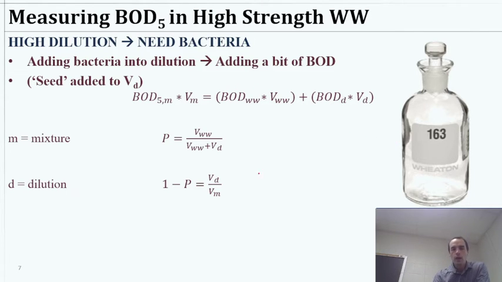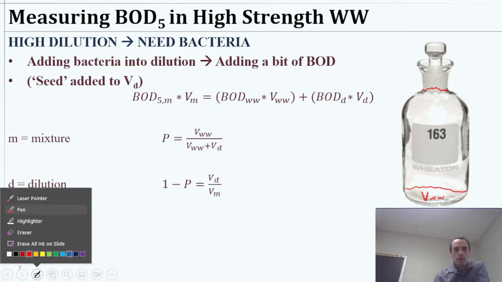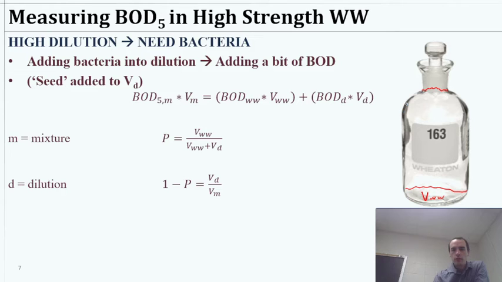So as an example here, what I'll say is, if we have a full bottle filled to the top, and we have a bit of wastewater at the bottom, a tiny bit that we add there. Then we have a bunch of volume for dilution.